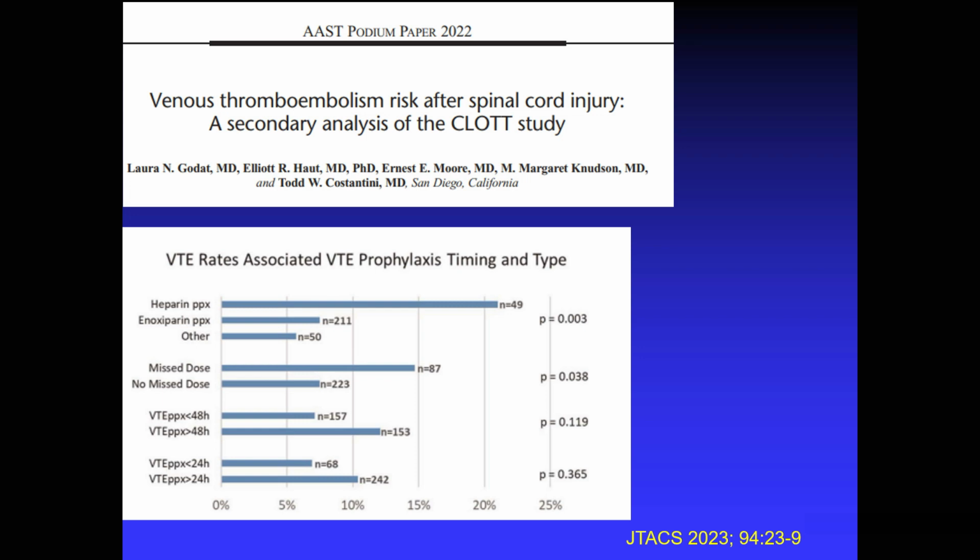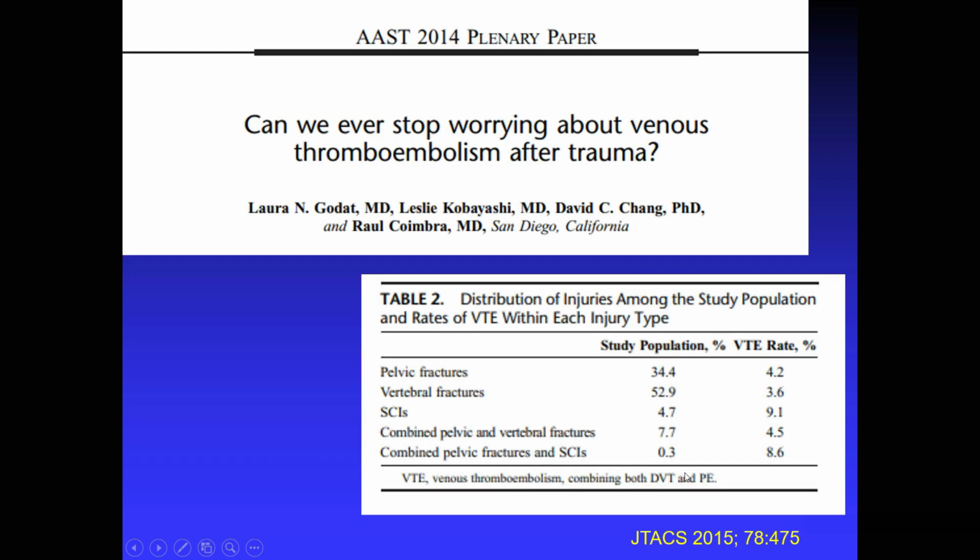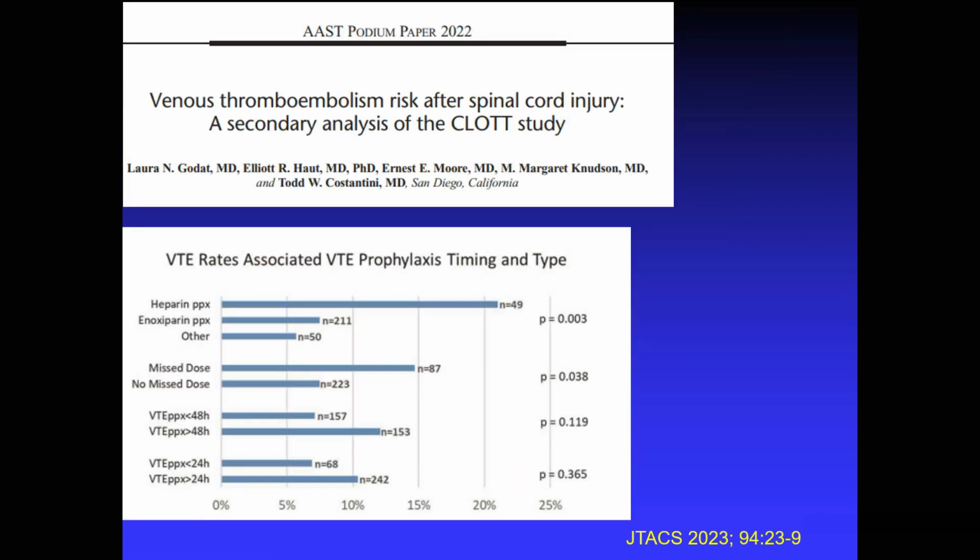Factors associated with increased VTE risk included use of unfractionated heparin rather than low molecular weight heparin, as you can see here, missed doses of VTE prophylaxis, and VTE prophylaxis being initiated more than 48 hours after presentation. 3 patients had bleeding complications, so a low incidence, less than 1%. 1 of these was wound bleeding, 1 was recurrence of bleeding from a hepatic laceration, and 1 developed a GI bleed.